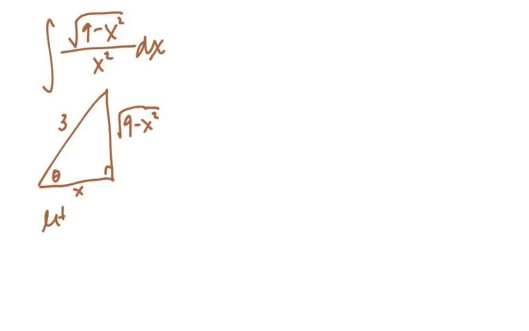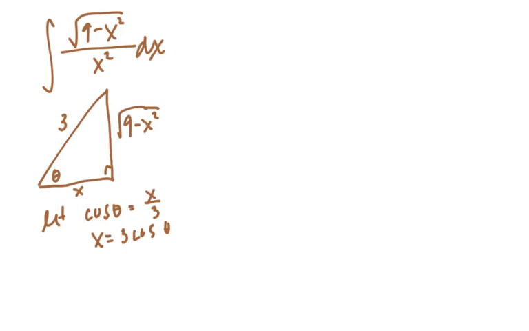I'm going to do cosine because I want the adjacent and the hypotenuse. You have to use the hypotenuse because you know it. That's your constant here. You don't want 2 sets of variables. So let's let cosine of theta equal x over 3. And then let's multiply the 3 over, so x equals 3 cosine of theta.